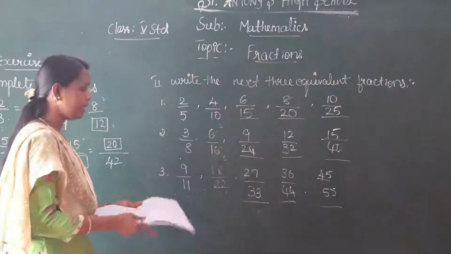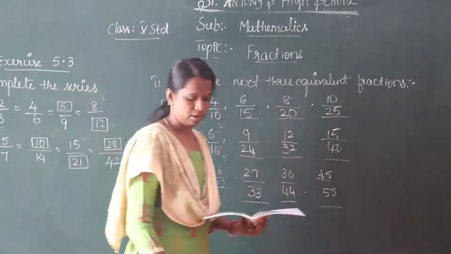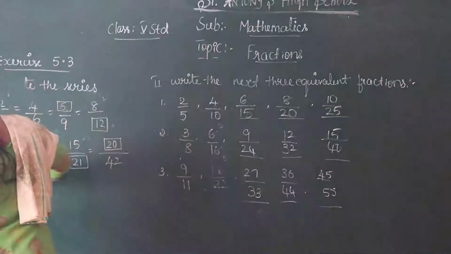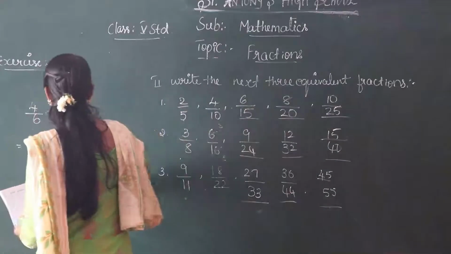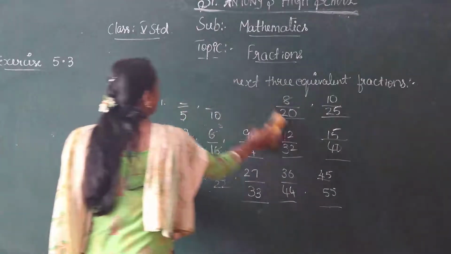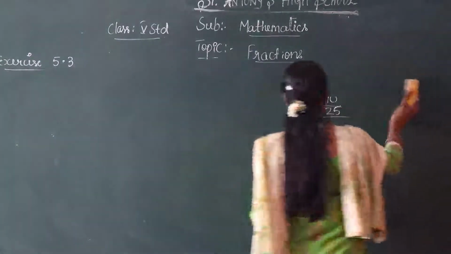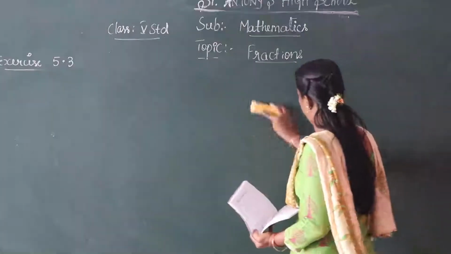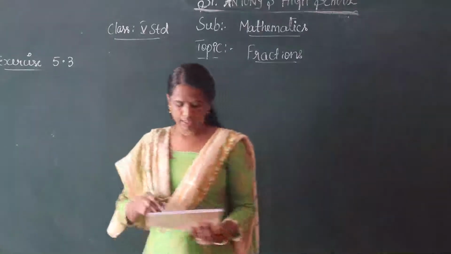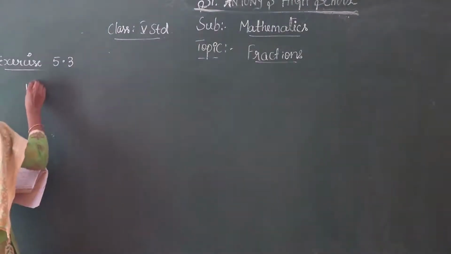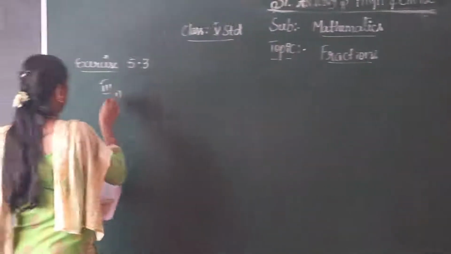Okay. Next, 2 fractions are given here. We have to check whether these fractions are equivalent or not. So the first step is cross multiplication. Cross multiply the numerator and denominator to check whether the fractions may be equal or not.